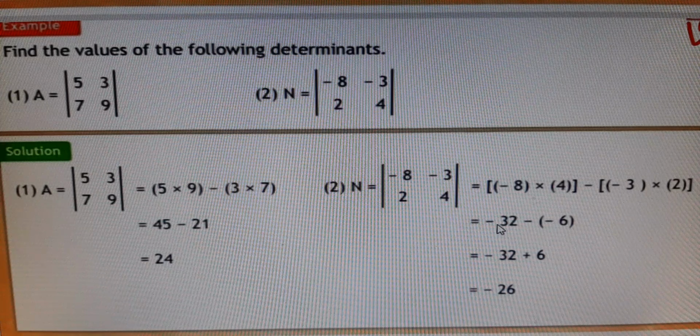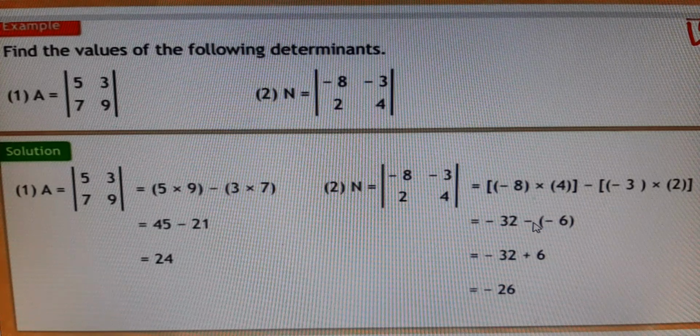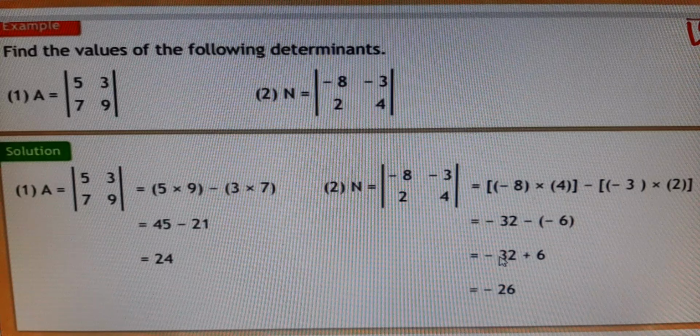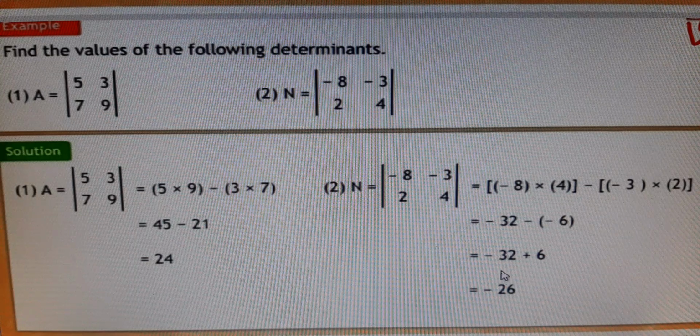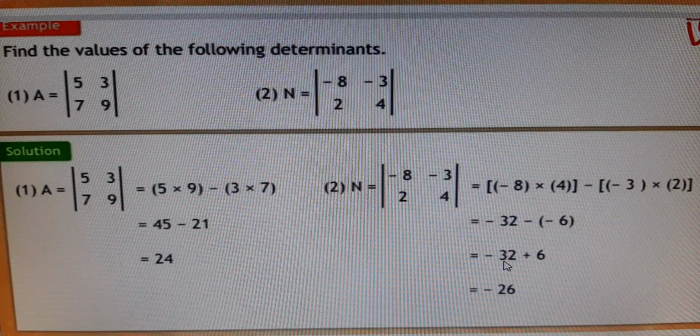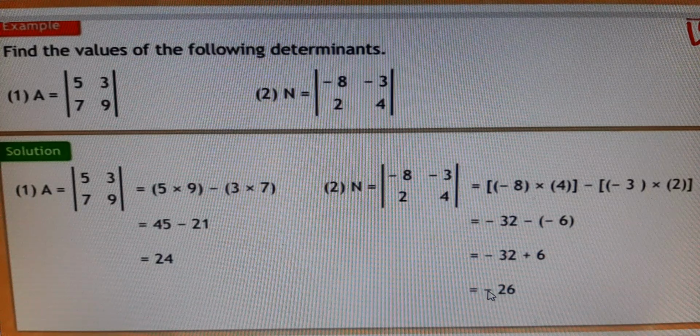Minus multiplied by minus becomes plus always, therefore minus 32 plus 6. Now here the signs differ, so there will be subtraction of the numbers. After subtraction the answer will be 26, and every time the answer takes the sign of the bigger number, so the answer is minus 26.